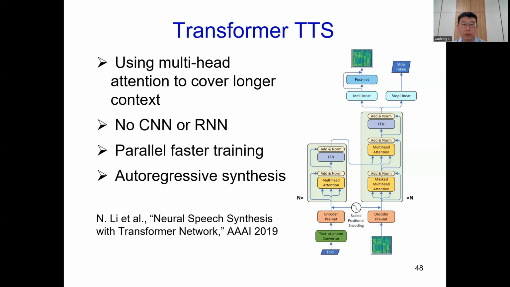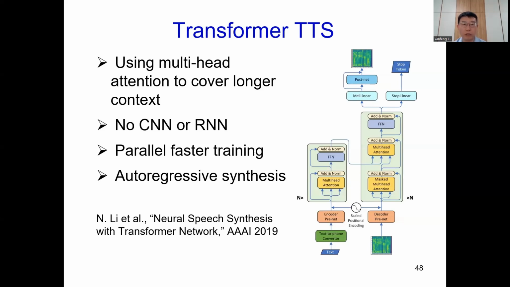This new acoustic model is called Transformer TTS. Transformer was originally invented in the field of machine translation, and then was transferred to the field of speech processing. The key idea of a transformer is to only use multi-head attention to model longer distances. In this case, the convolution neural network and recurrent neural network were removed from the system.